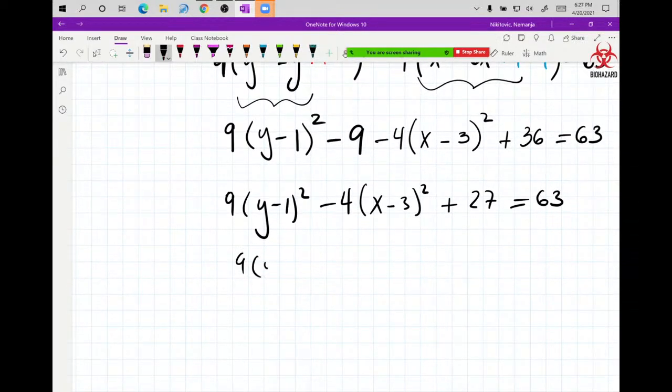So 9(y minus 1) squared minus 4(x minus 3) squared is equal to, when you take away 27, you get 36. When you subtract 27 on both sides.